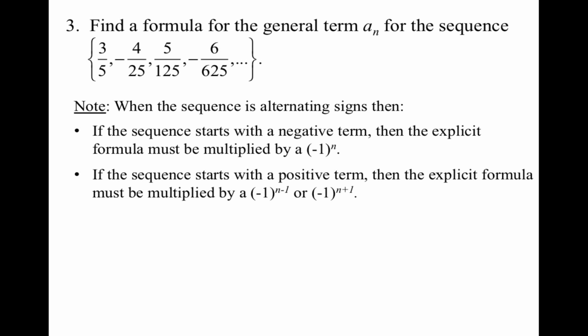And if the sequence starts with a positive term, then the explicit formula must be multiplied by a -1 to the n minus 1 or a -1 to the n plus 1. So in this case, you should have gotten the formula a sub n equals (-1) to the n minus 1 times (n plus 2) all over 5 to the nth power.